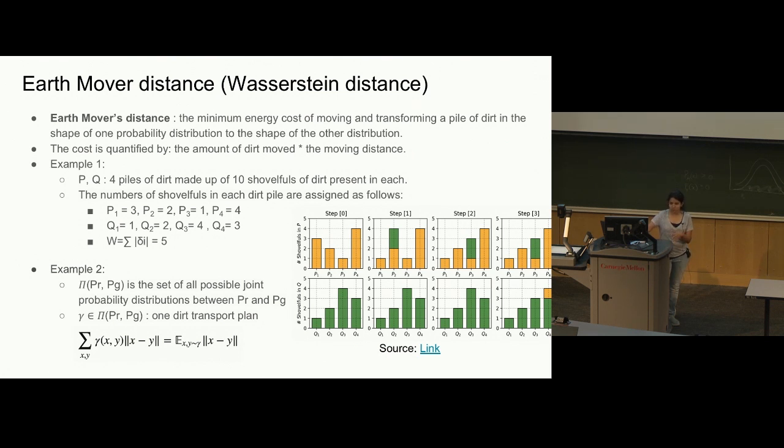So, the marginal probability distribution of this gamma of x and y will be representing actually the marginal distribution of y itself, of PG itself, sorry. By how much distance you move them is just represented by the norm of x minus y. That means the distance that you move from point x to point y. And this gives you an expectation of moving one joint probability distribution to another.